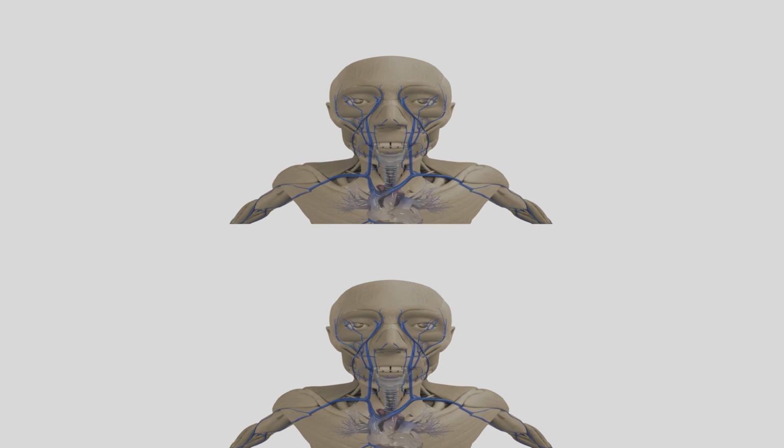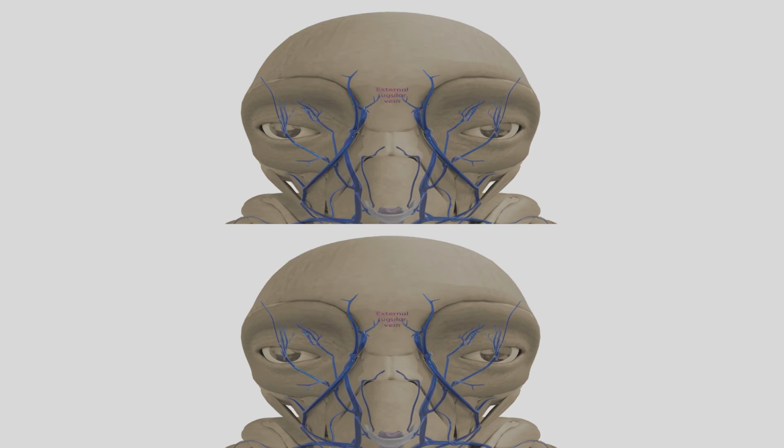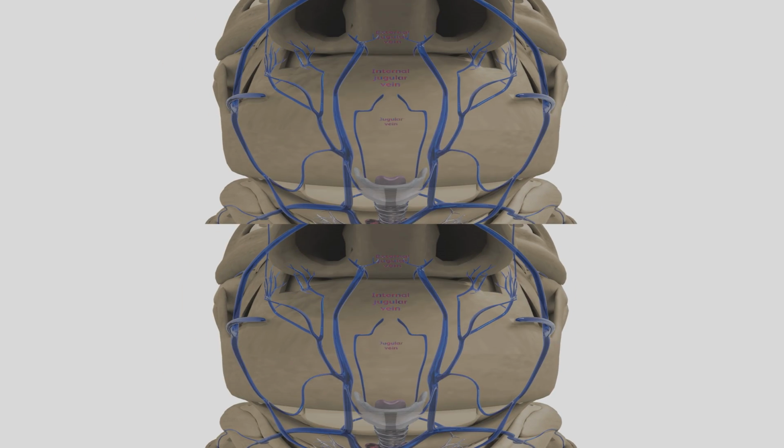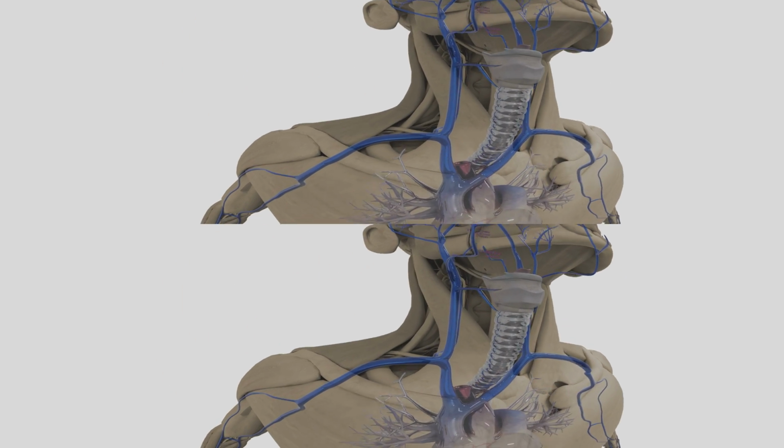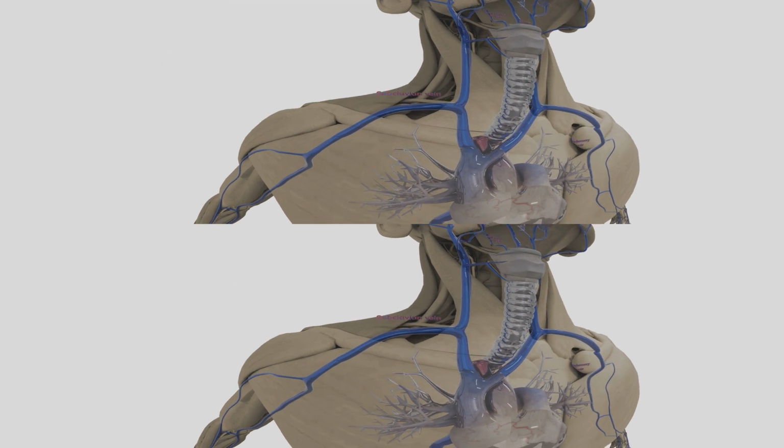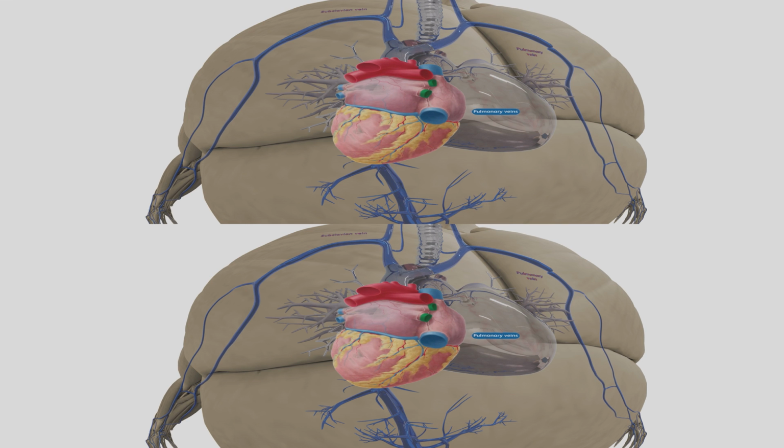Now, to know about the veins, click on Enter Veins. Veins are the blood vessels which carry blood towards the heart. Veins carry deoxygenated blood from different parts of the body to the heart for oxygenation. The exception is pulmonary veins, which carry oxygenated blood from the lungs to the heart.